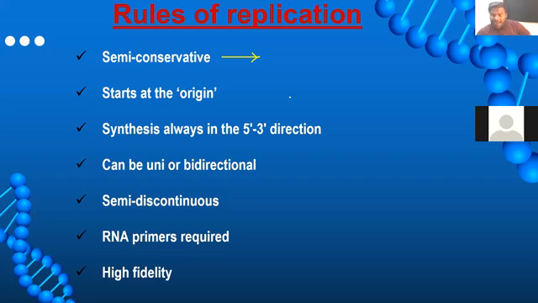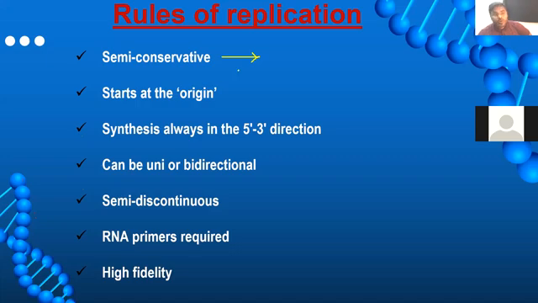I can say 100%. If you don't read the rules of replication, you can't understand the mechanism. At the same time, if you can't understand the enzymes, you can't understand the mechanism. So it's necessary to read the rules and enzymes, then the process will become crystal clear to all of us.